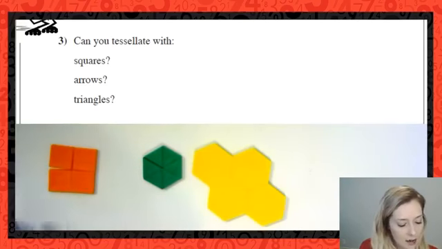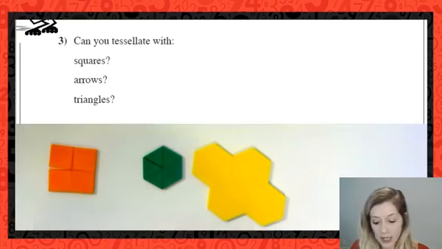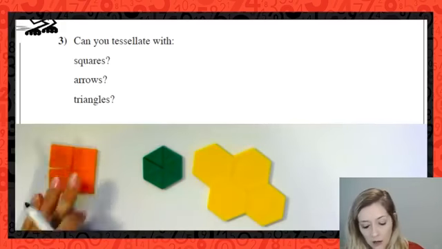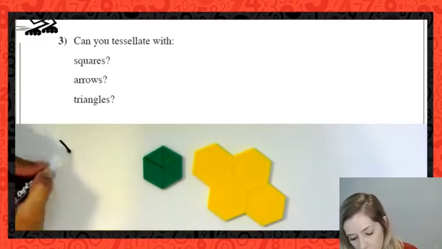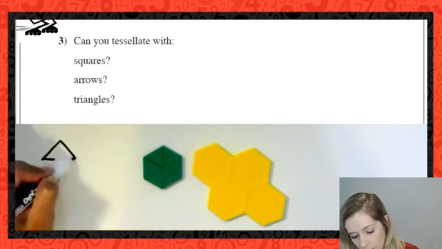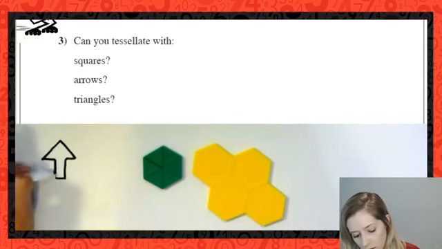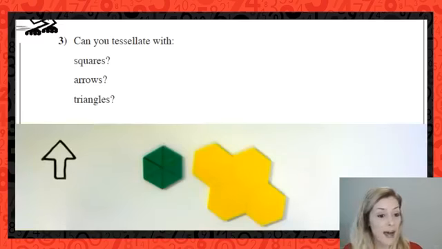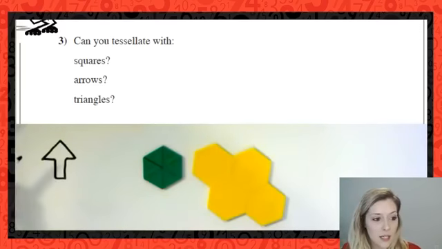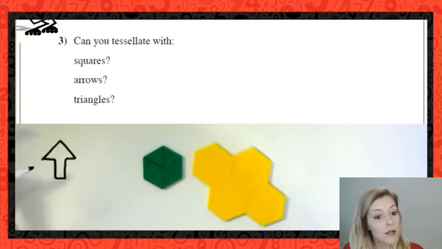Now, the other question I have there are arrows. Could I possibly draw an arrow? So let me remove this and tessellate with it. I don't have a pattern block that is an arrow, but let's assume I had one like this. Could I tessellate with it? Possibly, depending maybe on how I drew it.